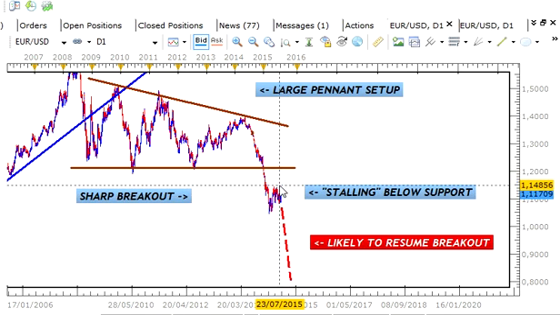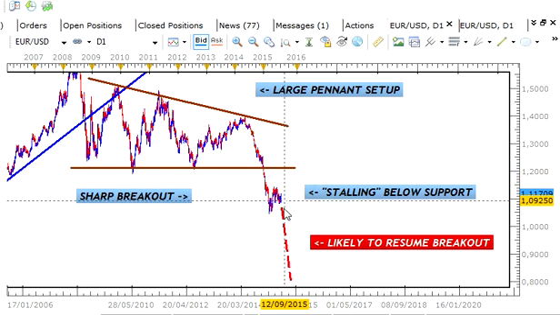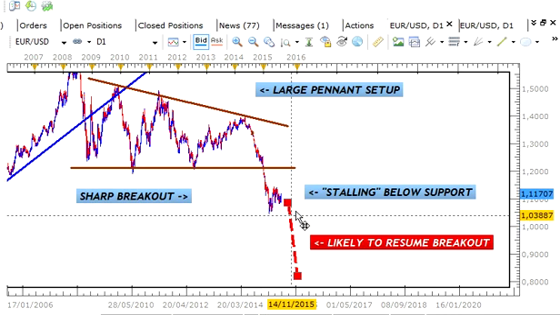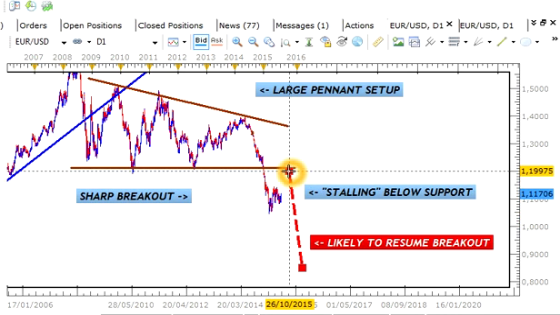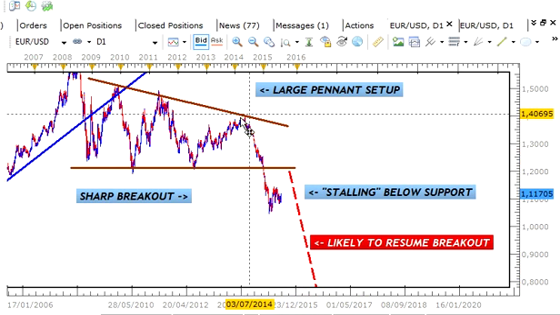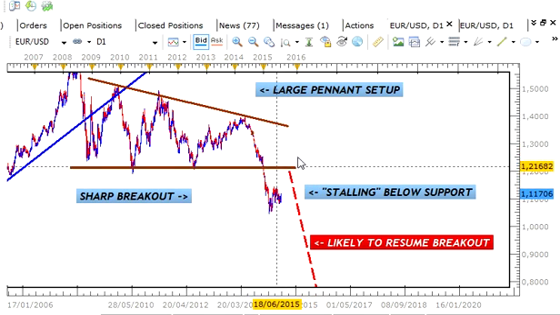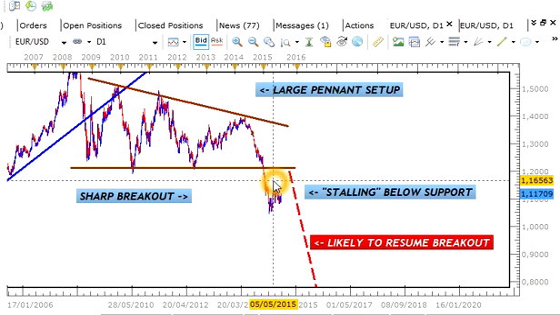There is the possibility that the market could rally to the support boundary once again and then U-turn at this area here to resume the breakout bearish. Another possibility that we must always consider with respect to consolidation boundaries is that we could have a false breakout setup taking place here.